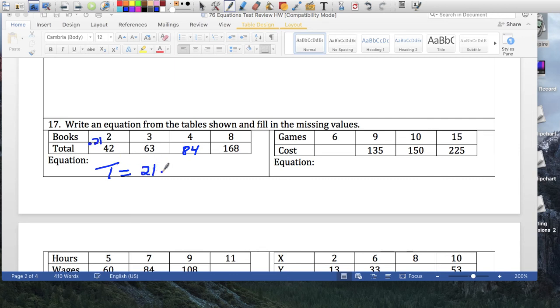Everything's multiplied times the number of books. 21B. This looks like it's times 15, and then times 15, this would be 90. For the equation, to find the total cost, I would multiply 15 times the number of games.